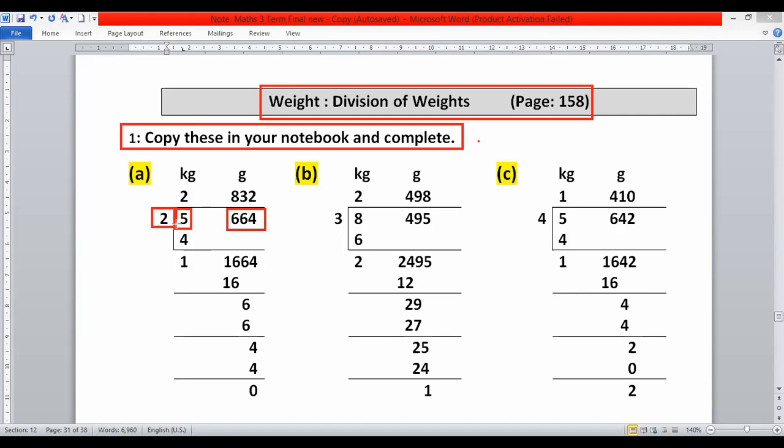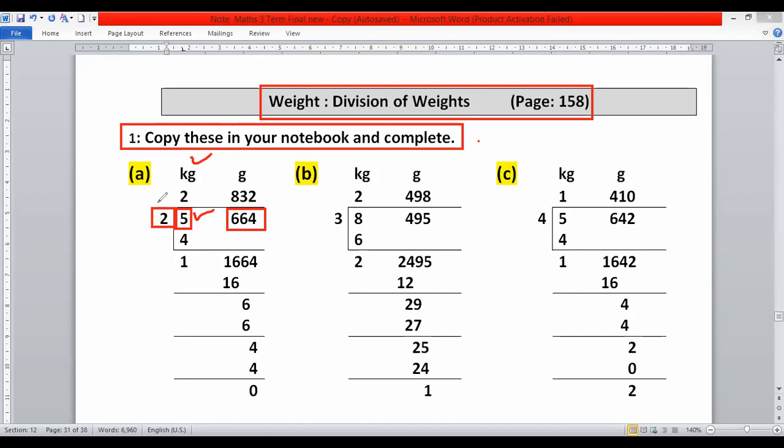If you understand part A, definitely you will solve part B, C, and the remaining parts easily. So, dear students, in division, first of all, we will divide kilogram by 2. Here we have 5 kilogram, and we will divide 5 by 2.